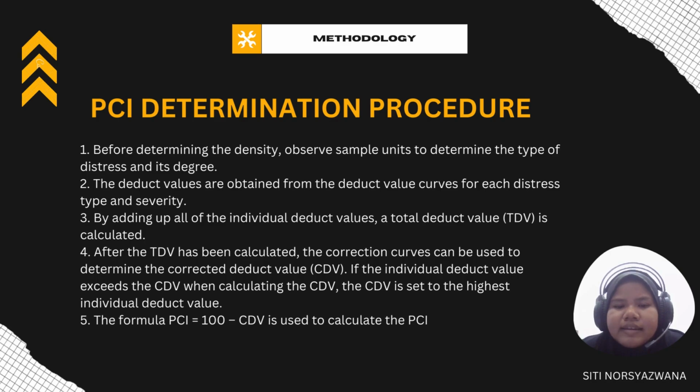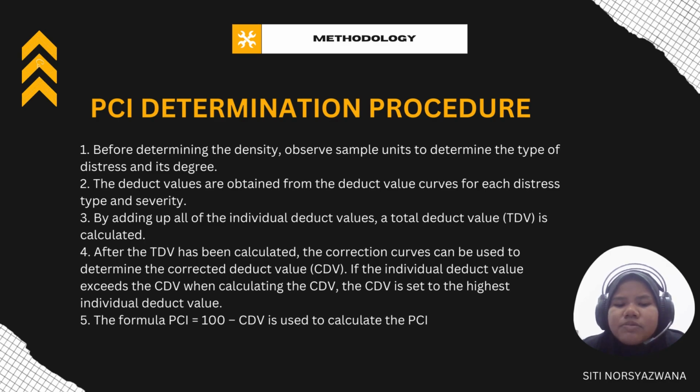Before determining the density, the sample unit was observed to determine the type of distress and its degree. The deduct values are obtained from the deduct value curve for each distress type and severity. By adding up all of the individual deduct values, a total deduct value, which is TDV, is calculated.